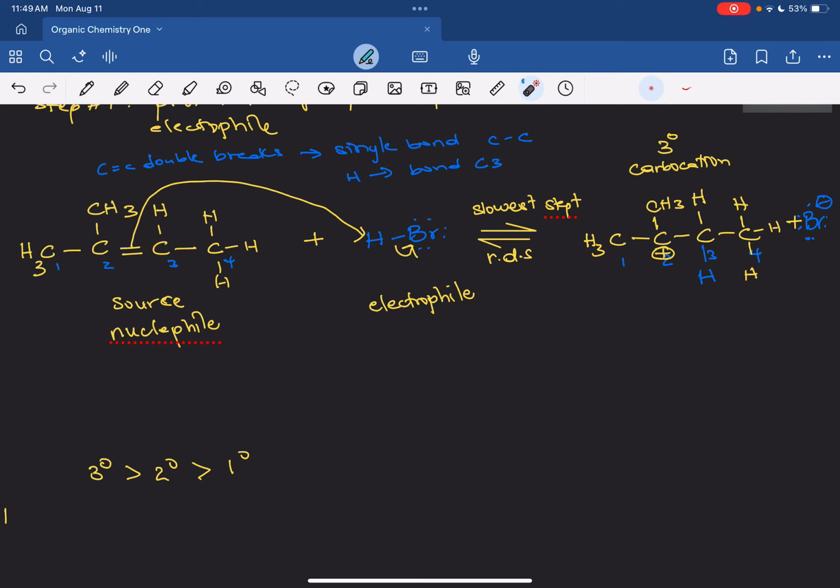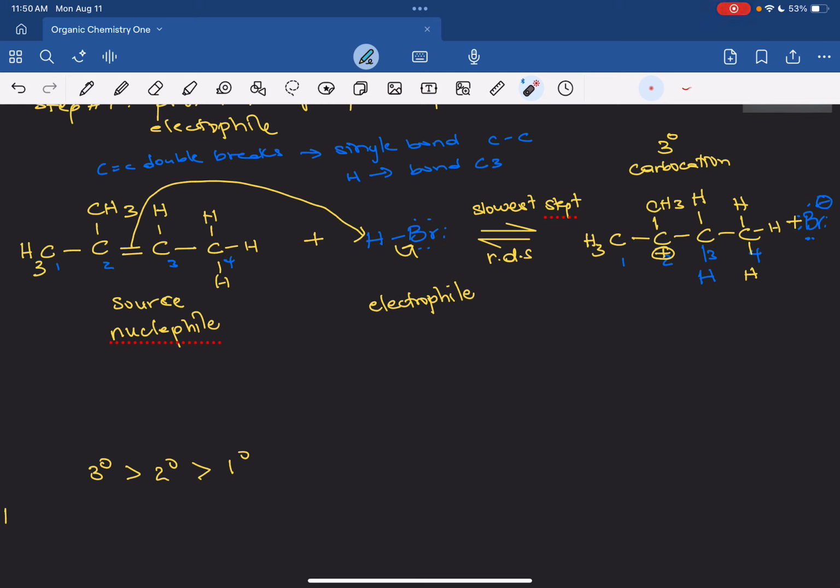So when you break the double bond between carbon 2 and 3, your hydrogen will add to carbon number 3, or the carbon that is the least substituted. I did speak about substituted carbon in the video about the reaction of alkene with HX. You can go back there to see that if you have forgotten.